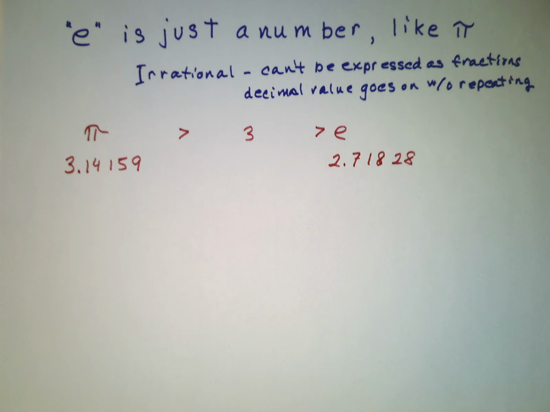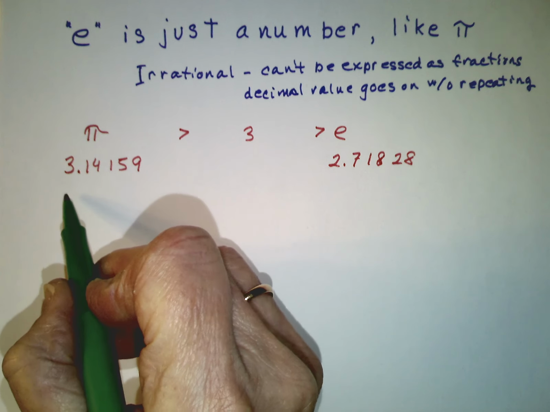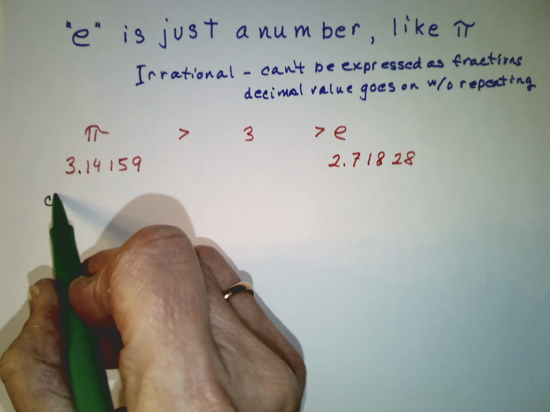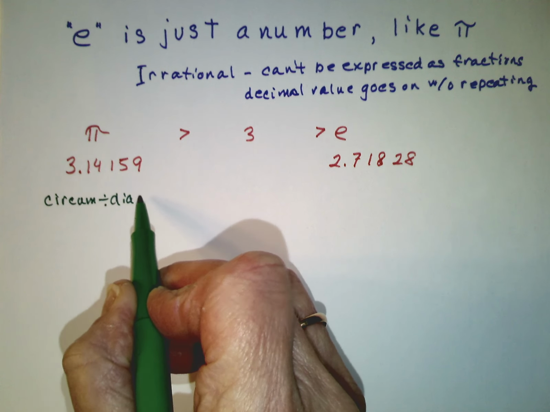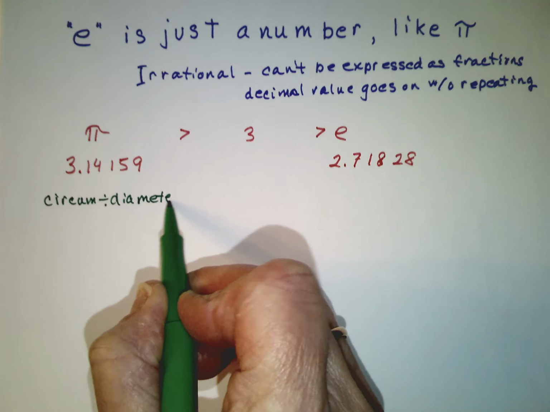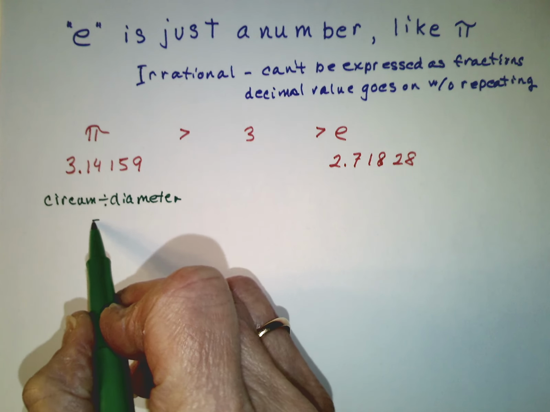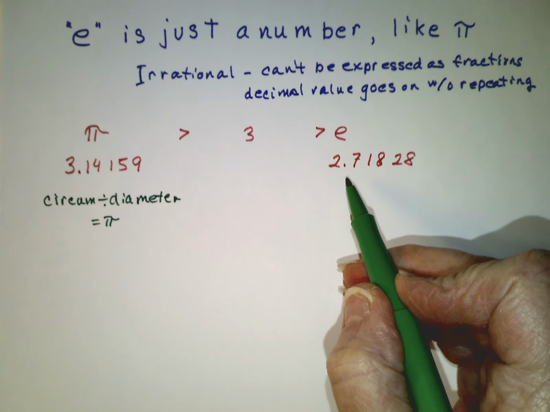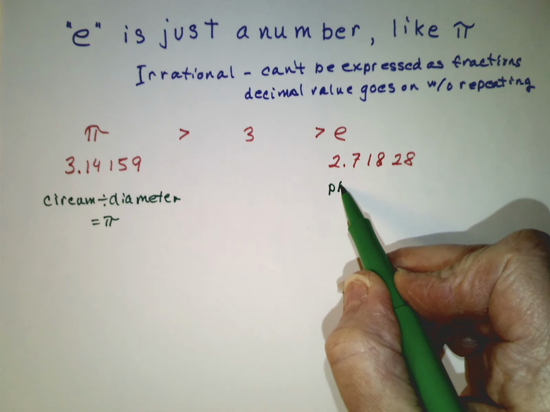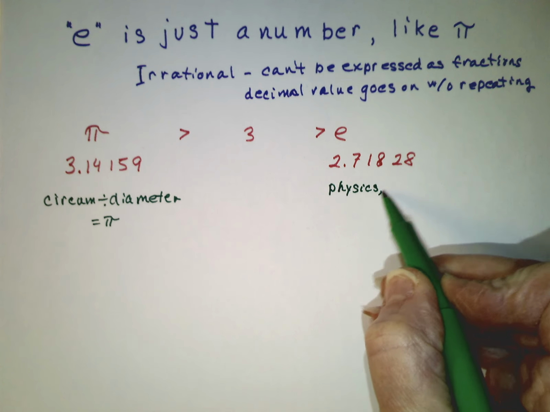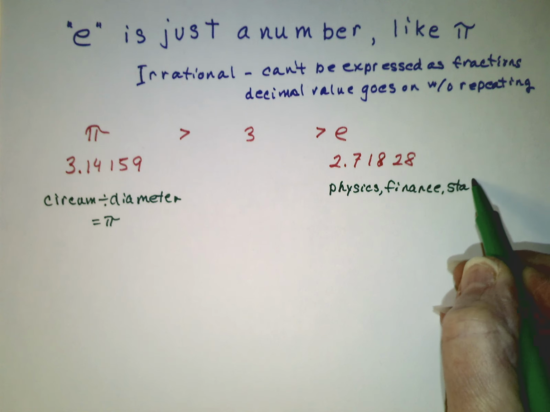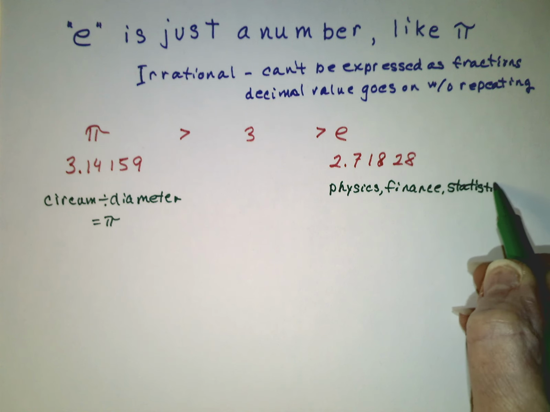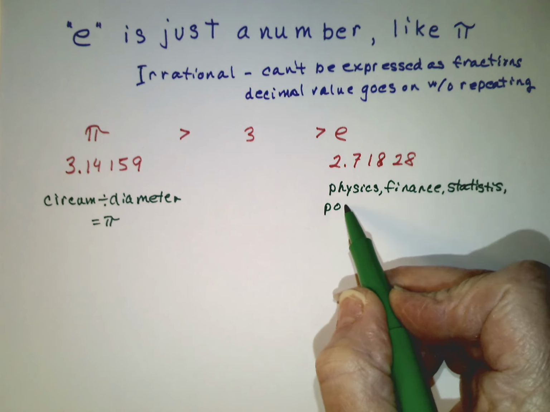Both of them also happen to crop up over and over again in mathematical studies. Pi, anything that's round. If we take the circumference and divide it by the diameter, it kept coming out to pi. That's 3.14. e keeps showing up in physics, in finance, in statistics, and in population growth.